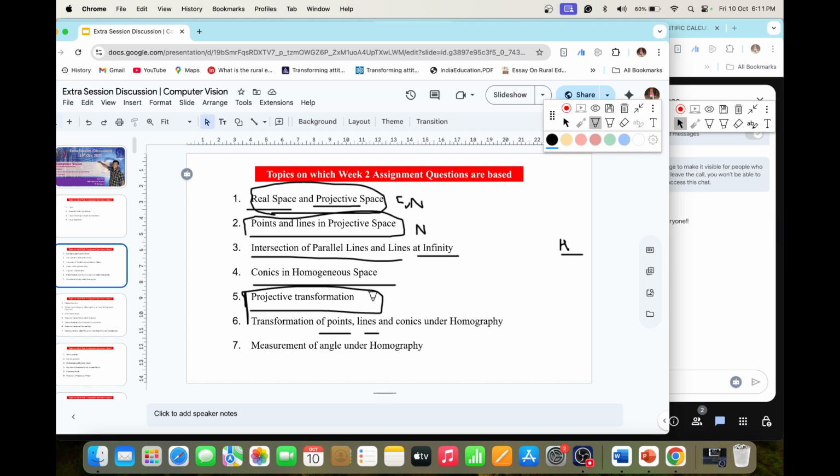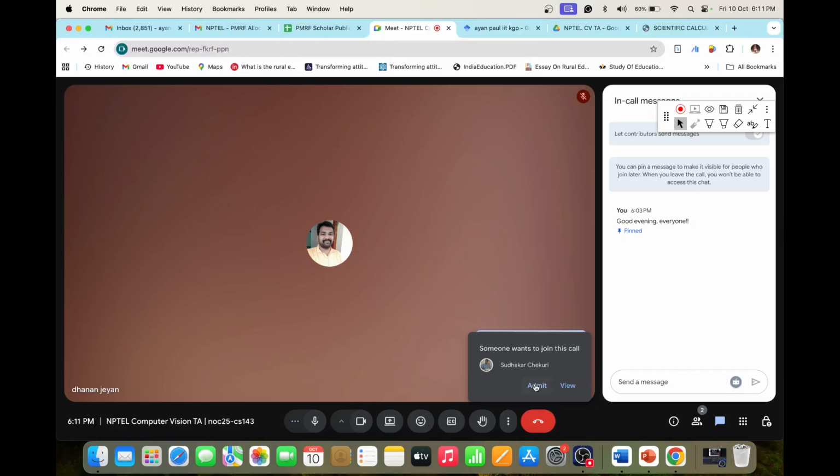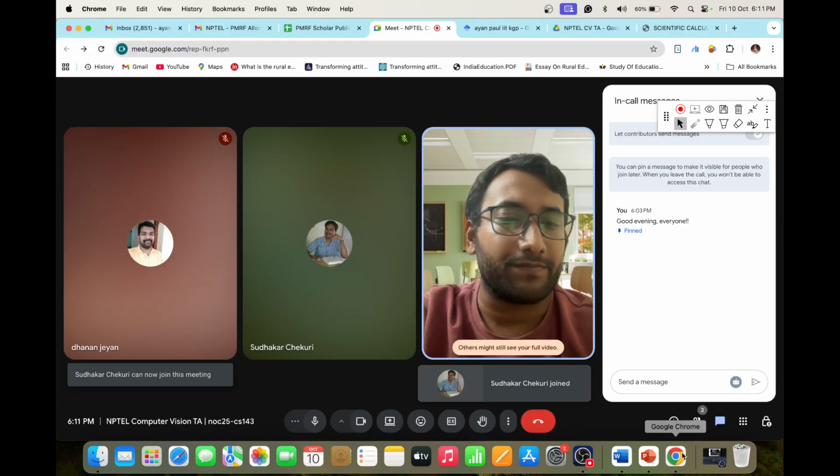So that is why this question, this is again a very easy concept, and it is important with respect to your short numericals also. Projective transformation of lines as well as points. And then transformation of points and lines under homography, that also you can see.